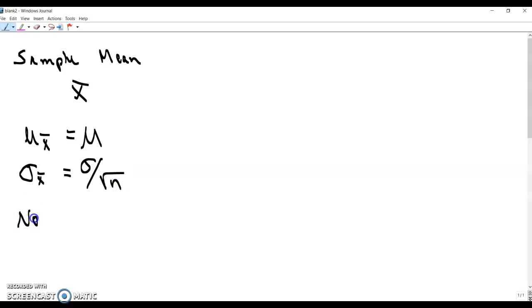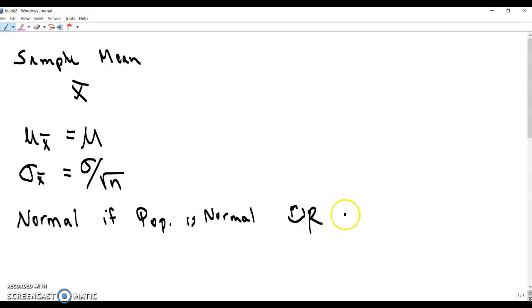And the shape is normal if the population is normal, which it sometimes is, or if we invoke the central limit theorem, because the sample size is at least 30, then we can say it's normal.